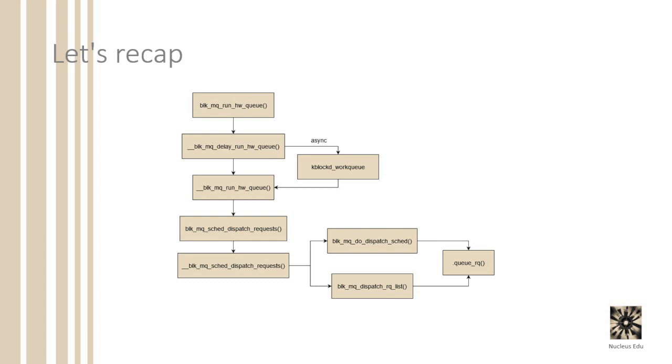And the next two functions are dispatch requests and dispatch underscore dispatch requests, and both of them end up calling either the scheduler's dispatch code, or if there's no scheduler configured for the queue, it calls directly the dispatch request list, and both of them end up in this .queue_rq function, which is the underlying device driver's function call.